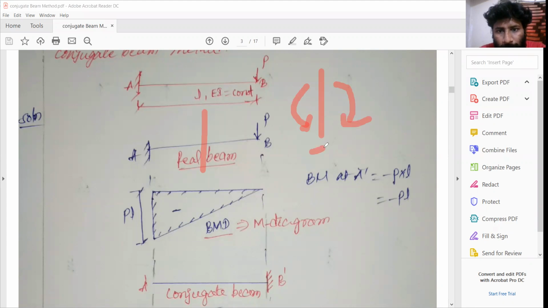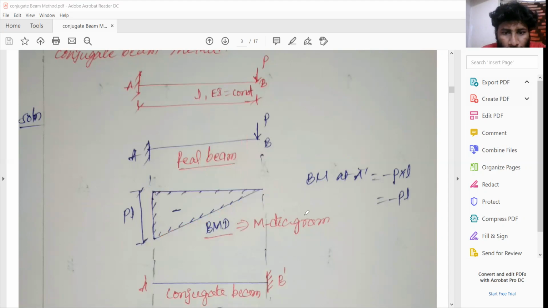Here clockwise is negative and anticlockwise is positive. So it is negative, and the negative bending moment P into L is my bending moment diagram. Since it's a point load, it's a linear variation of the bending moment diagram.